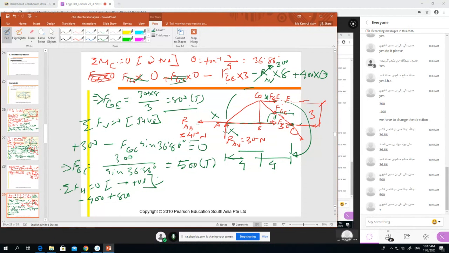What else do we have? FGC horizontal component. So the FGC horizontal component is FGC cos 36.86 degrees, and this is 500. What else? We have plus FBC. There are no other horizontal forces, equal to 0. Now tell me the FBC. Just calculate FBC.